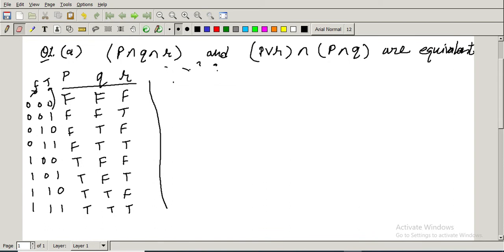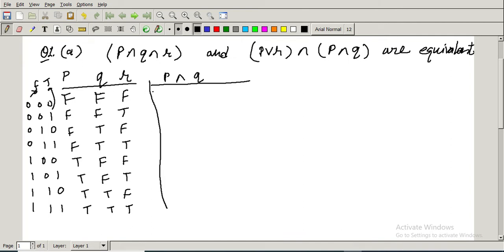Let me rub this from here so I can get some space. So for P and Q, these two columns will be considered. This is your conjunction, and conjunction says when both the statements are true, it will be true, otherwise it will be false.